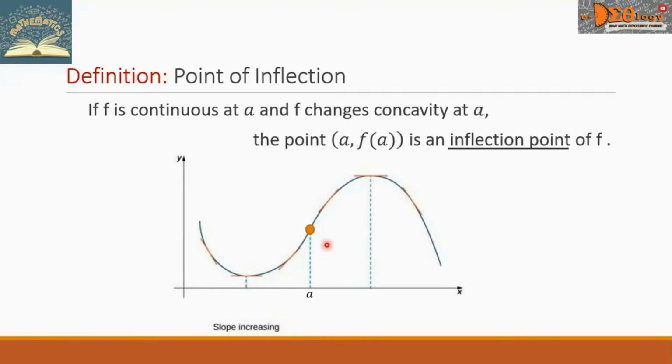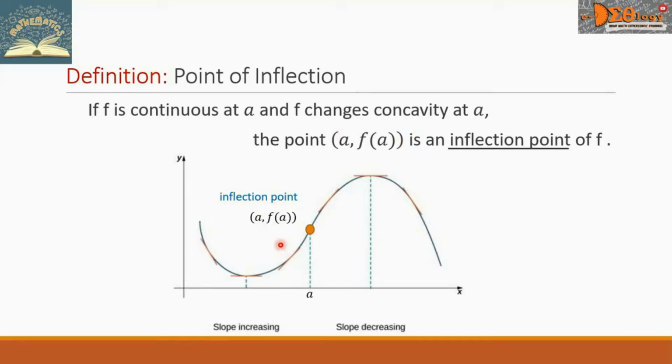Meanwhile, the part of the graph on the right side of A, please observe that the slope here is decreasing. Now this point with coordinates A, f of A is what we call the inflection point, because this is the point where the function changes concavity.